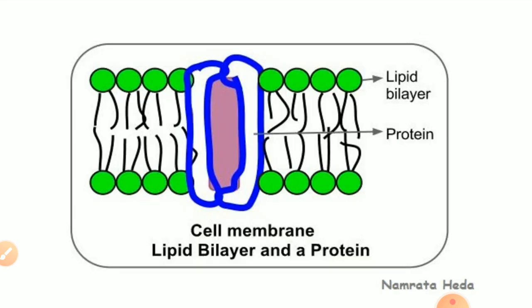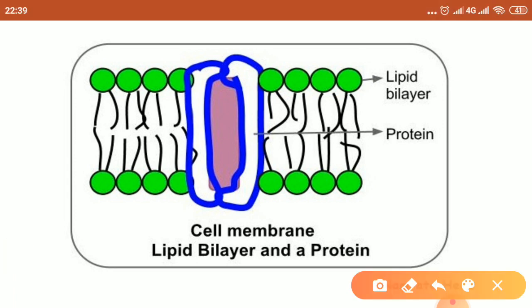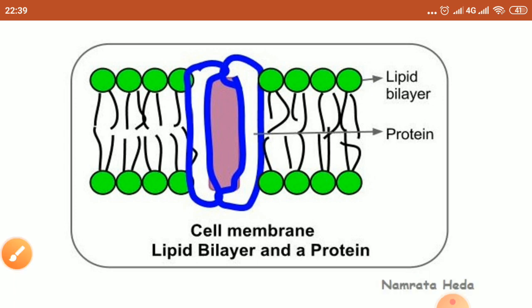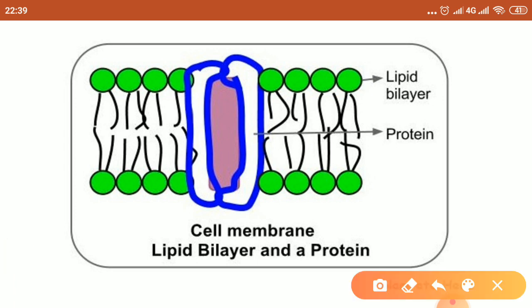As you can see on your screen, this is the fluid mosaic model, in which there are two layers of lipids. One is this and one is this. This is the lipid bilayer.